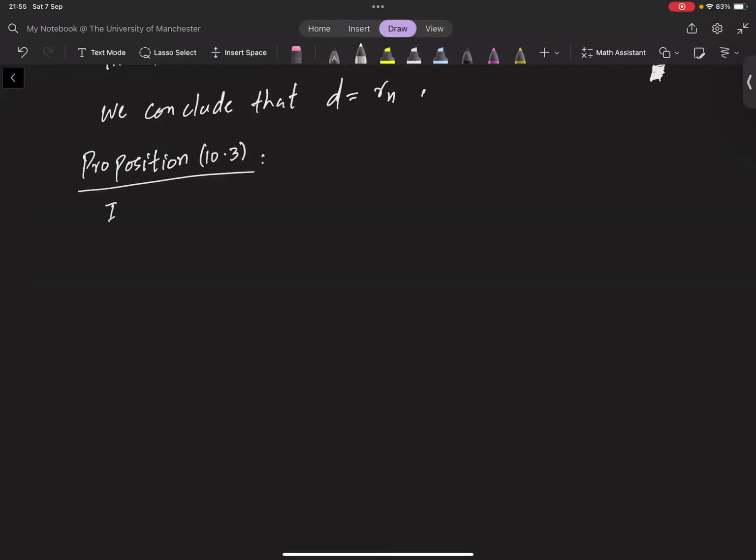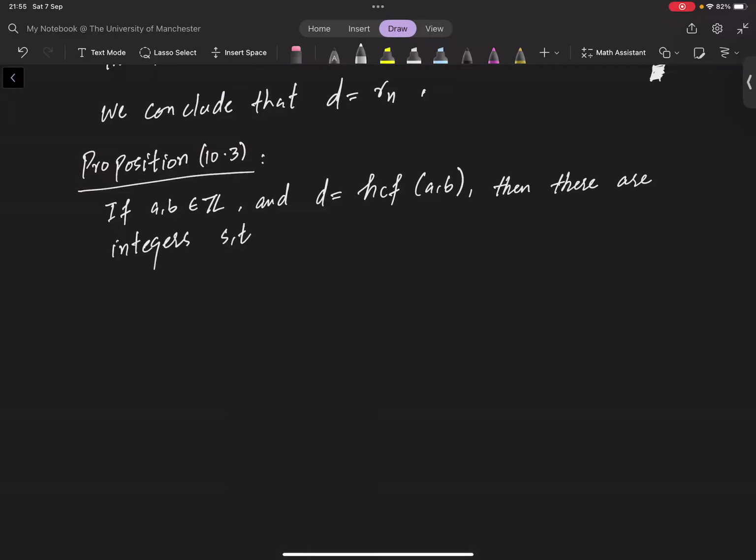So we say if we have two integers and D is their HCF, then there are integers S and T such that D can be written as SA plus TB.